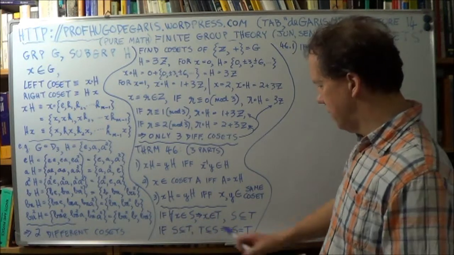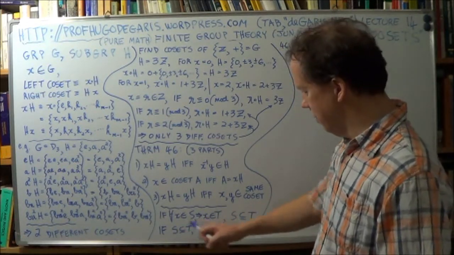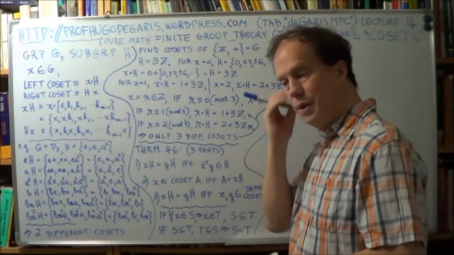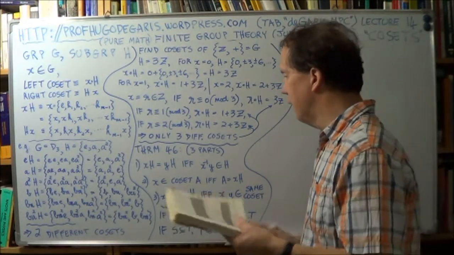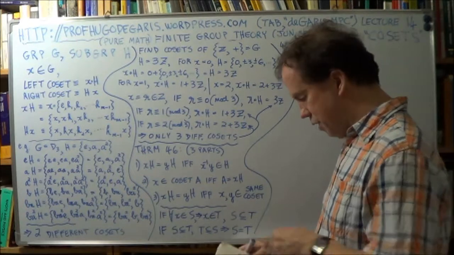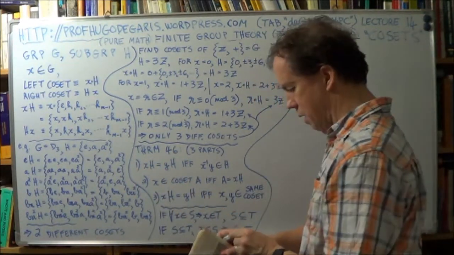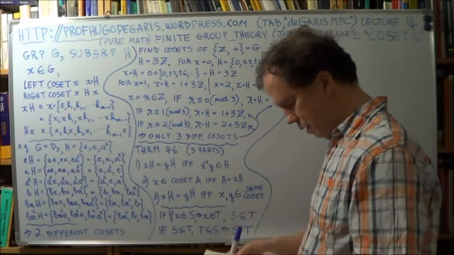And to derive these two, we will use this strategy. We've done this kind of thing a few times, so that's the strategy for proving Theorem 46 Part 1, this part.